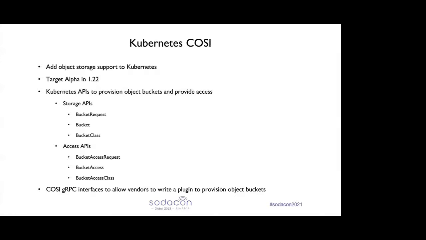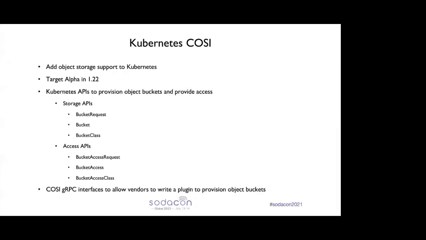So I have talked about CSI. Now I want to talk about COSI, Container Object Storage Interface. This is a sub-project in Kubernetes SIG Storage, trying to bring object storage support in Kubernetes. This is modeled after CSI, but it is different from CSI.